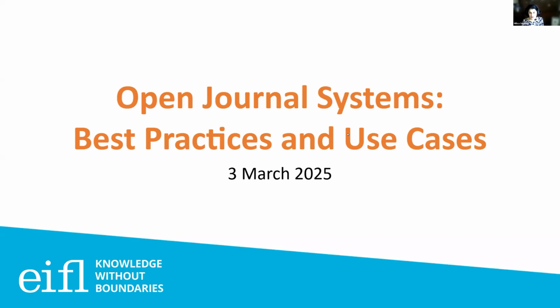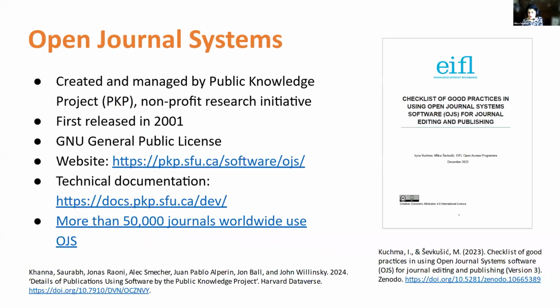So hello everyone. This is the second webinar in our series about open journal systems, and we have two speakers for today. For those who are here for the first time, I will just introduce the series of webinars. We had many requests from the community to cover different topics related to OJS, and especially those related to the technical aspects.